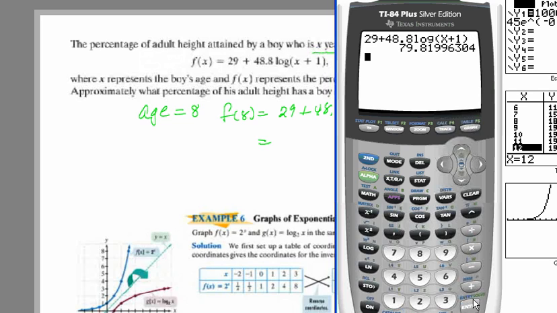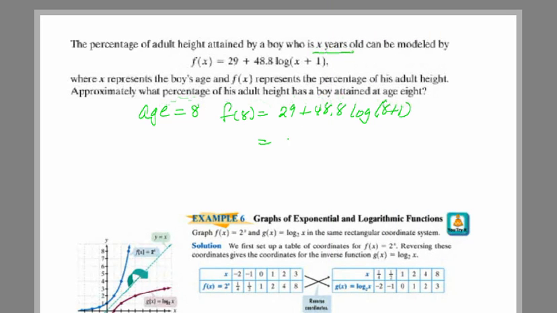And let's enter that and see what we get. So it's 79.81. So at age 8, we can interpret this that a boy is at 79.81% of his adult height.